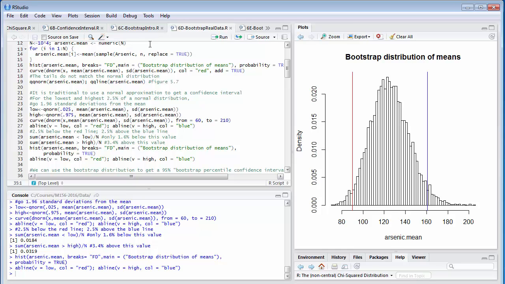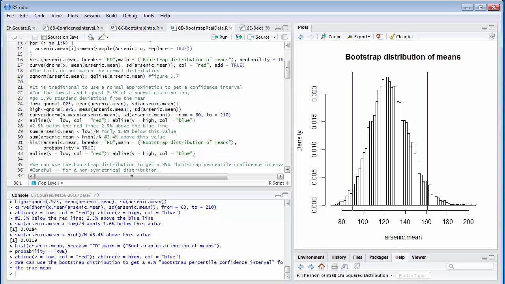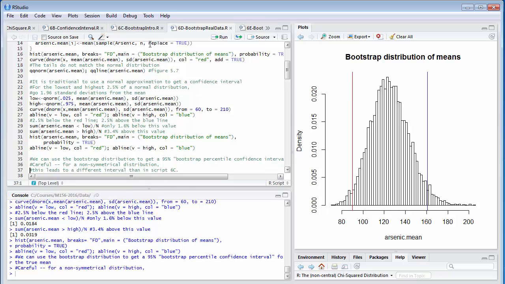And you can see by looking at that that we're above the blue line more frequently than we're below the red line. We can use the bootstrap distribution to get what's called a 95% bootstrap percentile confidence interval.